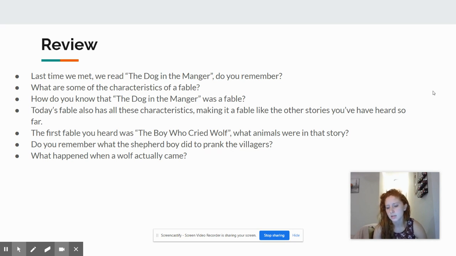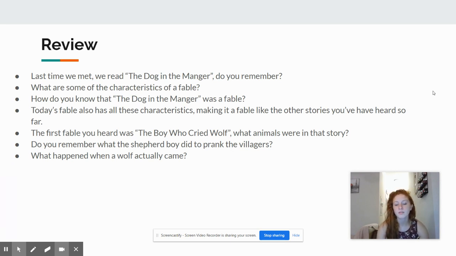What had happened? The dog was in there and the dog was sleeping on the hay, right? And when the oxen asked, holy moly, I am yawning a lot. When they went in there and they asked the dog to move, the dog got mad and said no, right?